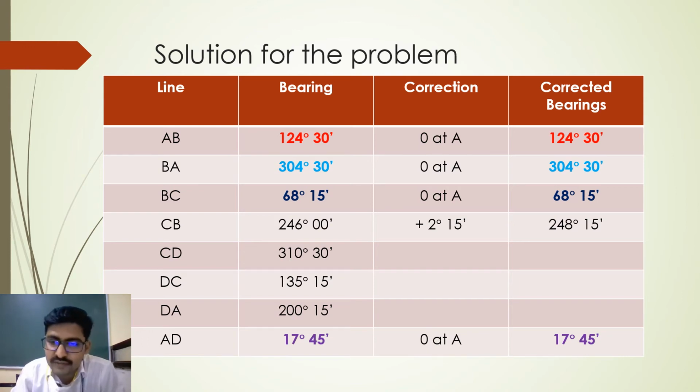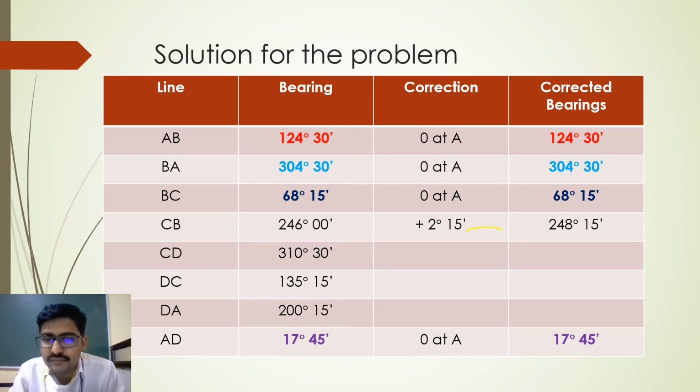So you add one more statement at this end, right? Continue here and write it as 2 degree 15 minutes at C. So that means station C has got this amount of correction. Station C has got a correction of 2 degree 15 minutes. So to get the corrected bearing, the observed bearings should be added by 2 degree 15 minutes.